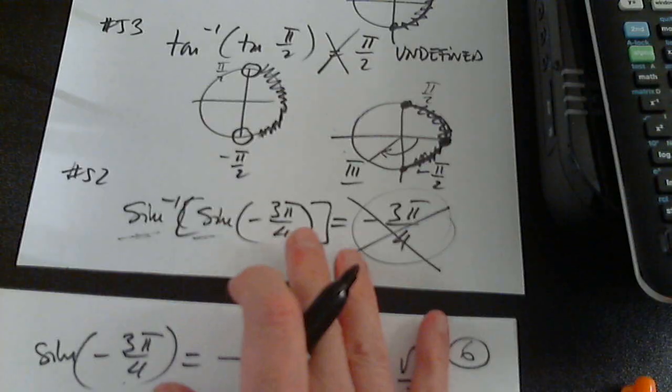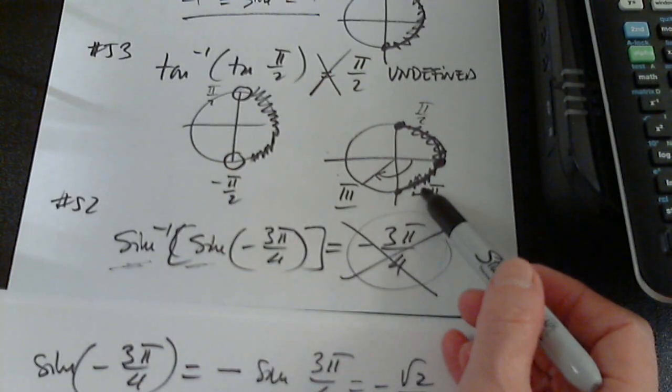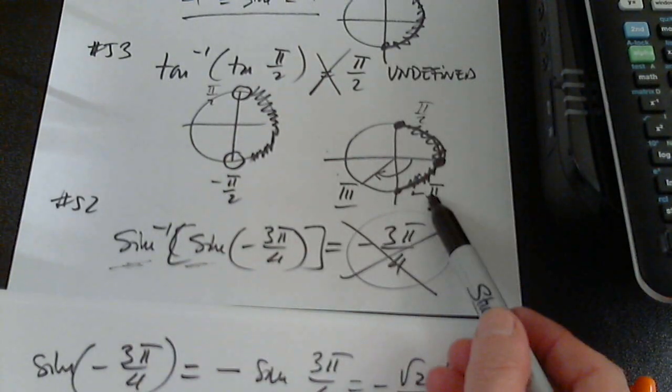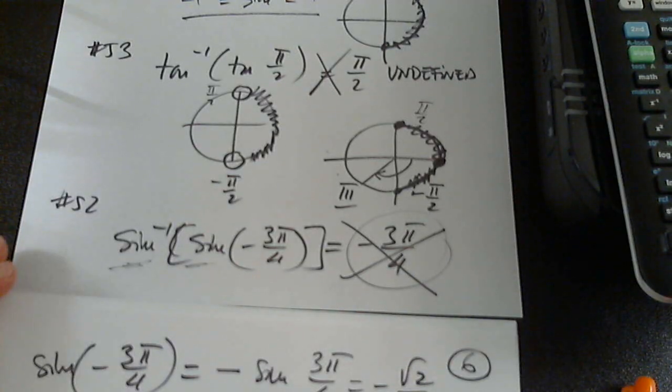And now I can find an angle, and it has to be in this fourth quadrant. Let me write it again here. It has to be in the fourth quadrant, because it's the sine inverse of a negative number. So the angle has to be here, right in the middle. So this answer has to be negative pi over 4.